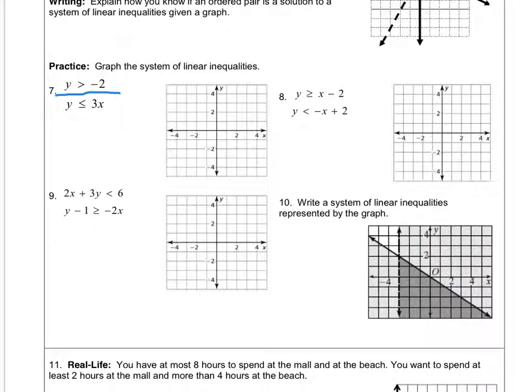Well, we know that y greater than -2 has no slope, so that's a horizontal line. And I can look at it and see that that's going to be a dotted or dashed line going across at -2. And then it says greater than, so I want to shade everything above my line.